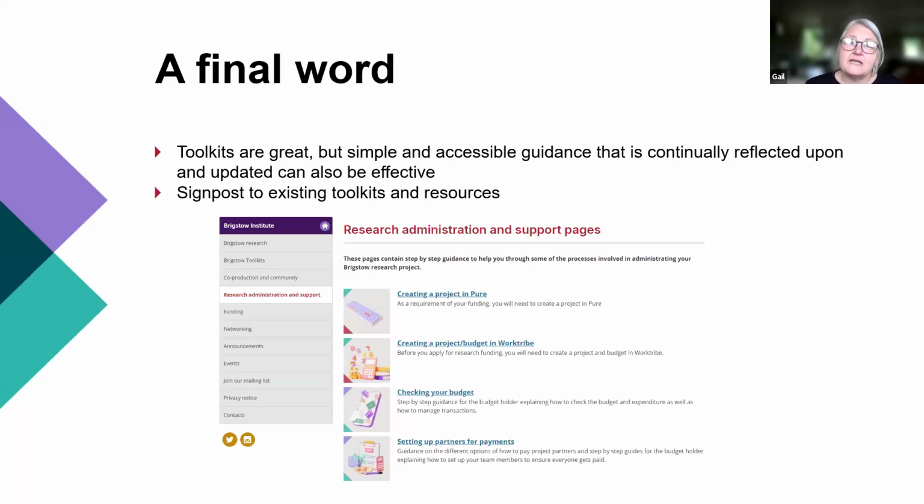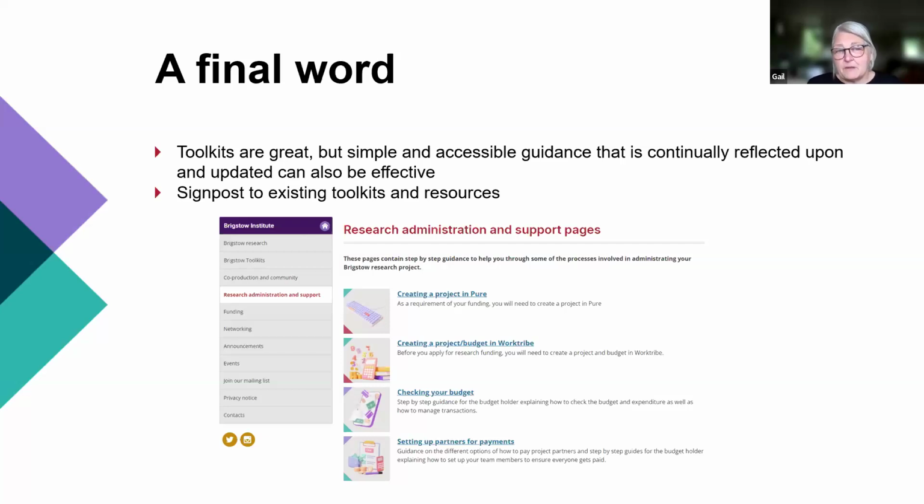But we think in order to manage expectations of everyone involved in a project that might not just be from the university, everyone needs to see that. So we've just summarised some of that information here and talked about how you set up partners for payment, for example, so that if a charity is involved, they'll know what they're going to be asked for when they're needing to be set up as a partner. And that's been quite effective.